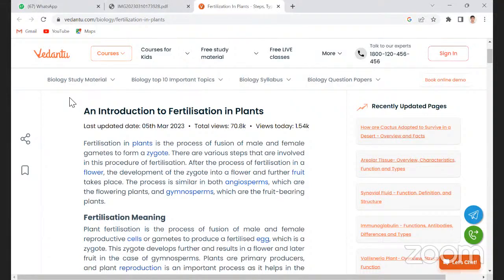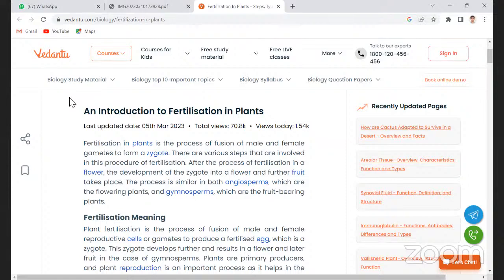There are various steps involved in fertilization. After fertilization in a flower, the zygote develops into a seed and further into fruit. You already studied this at BSc and intermediate level. The process is similar in angiosperms, the flowering plants, and gymnosperms.